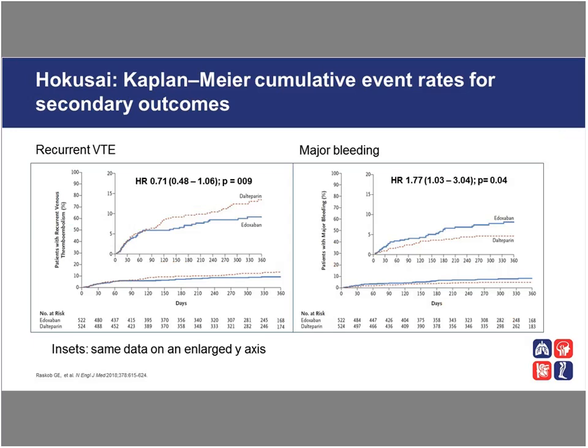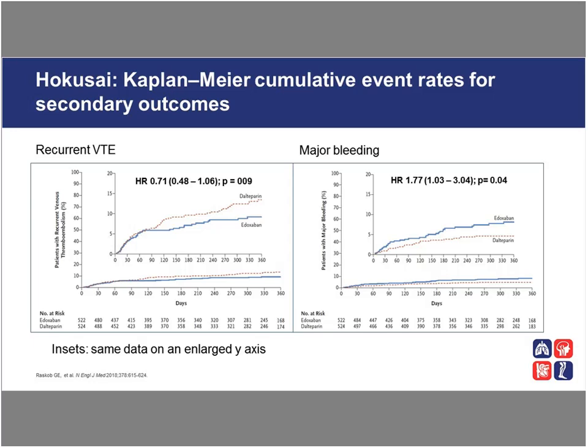And when we look at the far left at recurrence of VTE, we see that the hazard ratio was 0.71 with a confidence interval of 0.48 to 1.06, barely crossing unity, where edoxaban seemed to have a trend toward improved risk of recurrence of VTE.